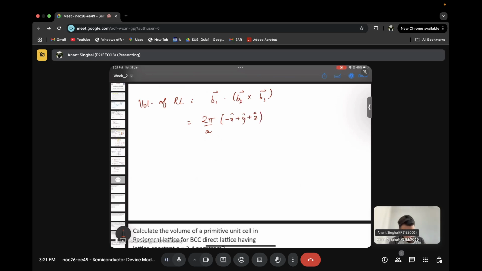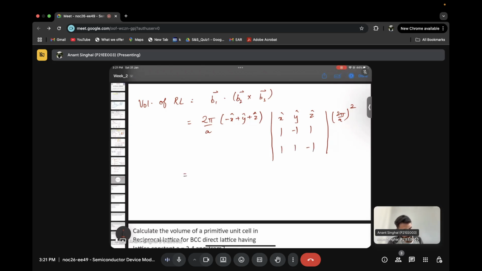Then we need to do the b2 and b3 cross product. Let's write that again. I'll take 2 pi by a common because we have it in common, so it will be squared. For b2 it was minus y, for b3 it was minus z.